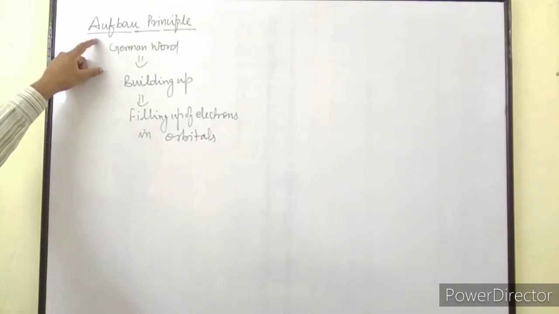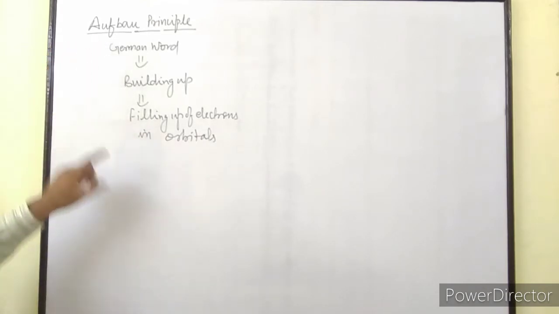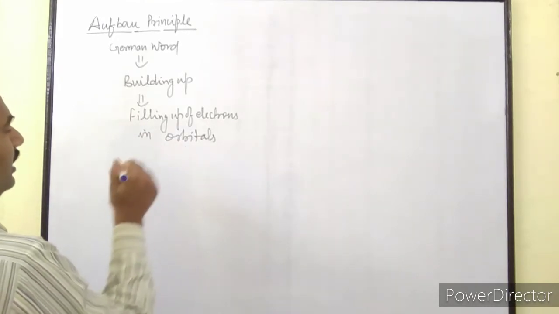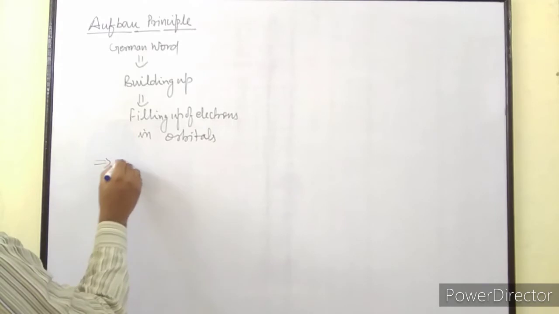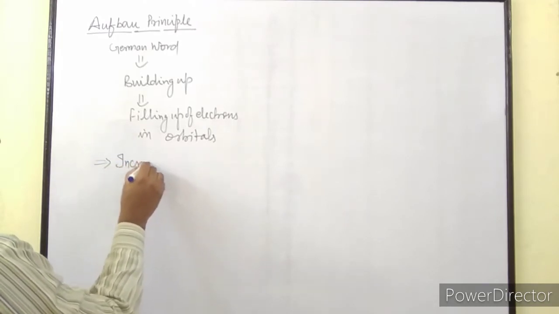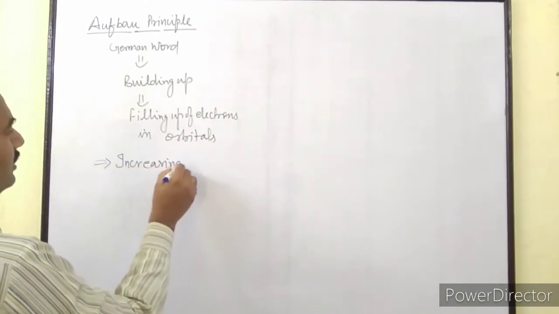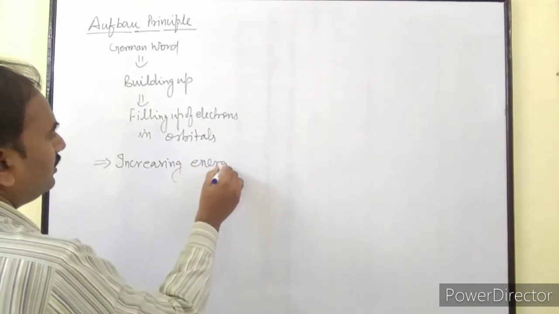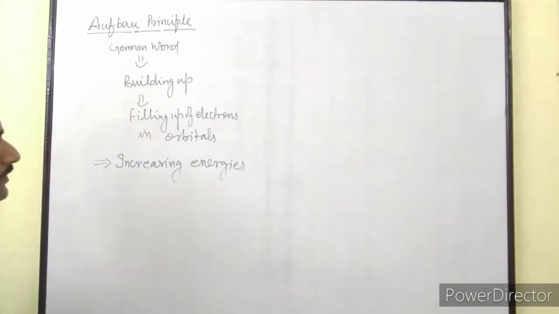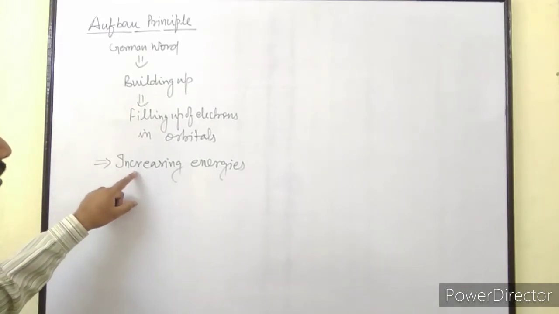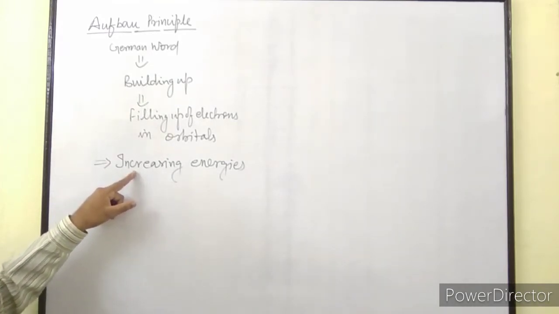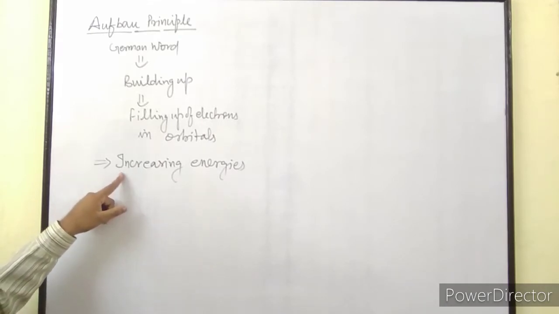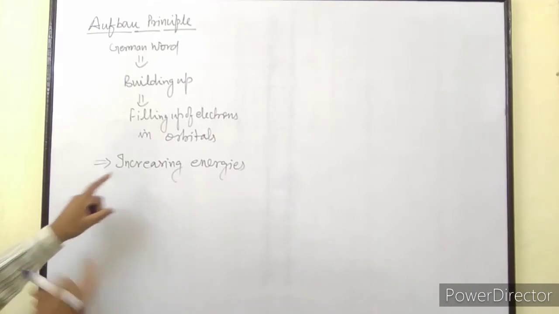So according to Aufbau principle, electrons are filled in atomic orbitals according to their increasing energies. Means lower energy orbitals are filled up first and higher energy orbitals are filled up later.